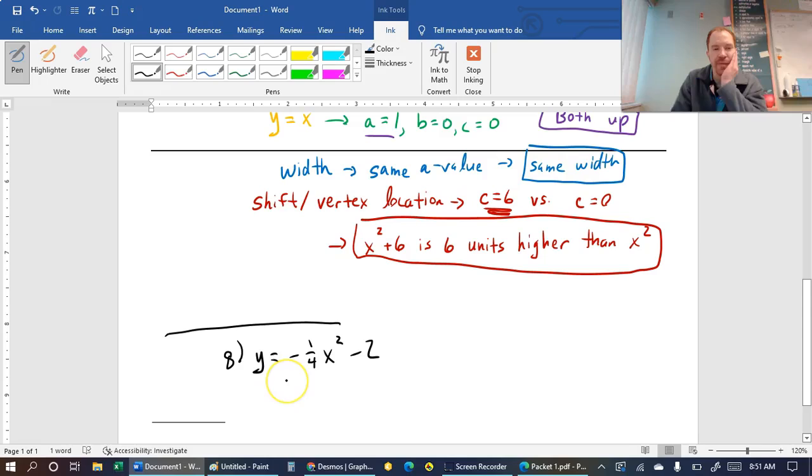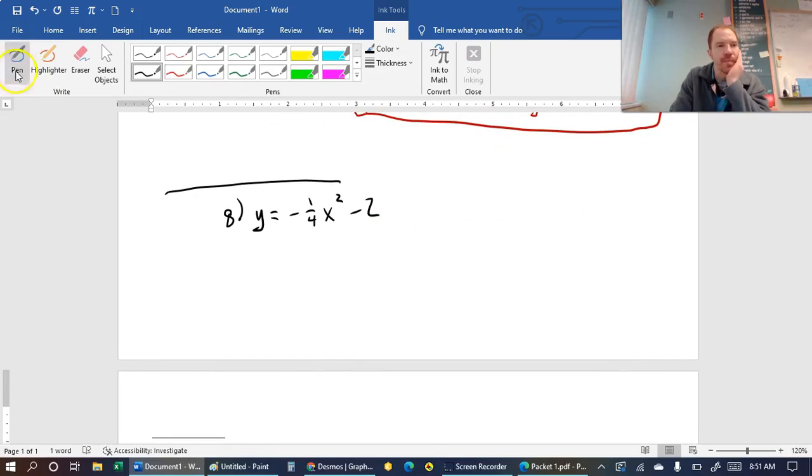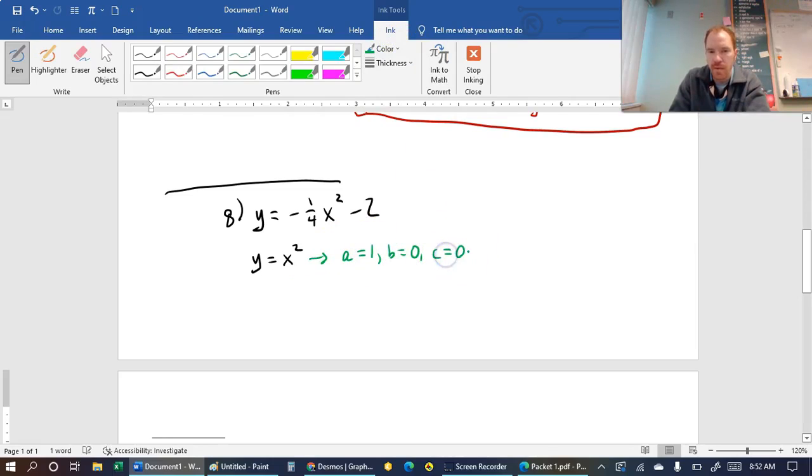If we compare it to y equals x squared, or f of x equals x squared, we've already said for y equals x squared, a is 1, b is 0, and c is 0. For number 8, g of x, now we've got a is negative 1/4, b is still 0, there's no plain x's, but c is negative 2.